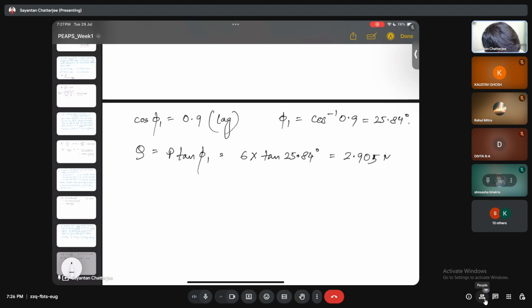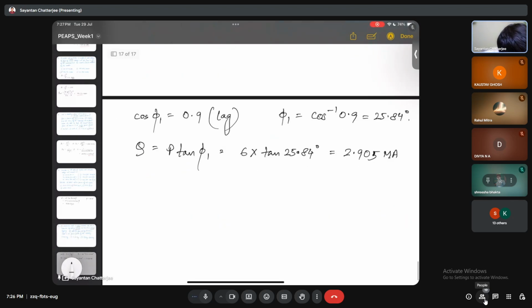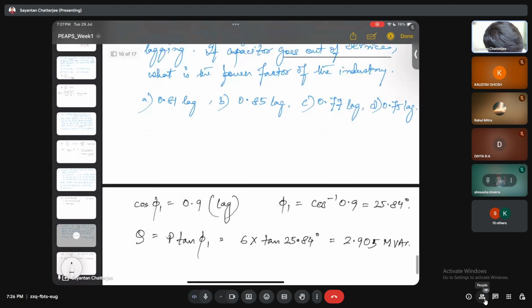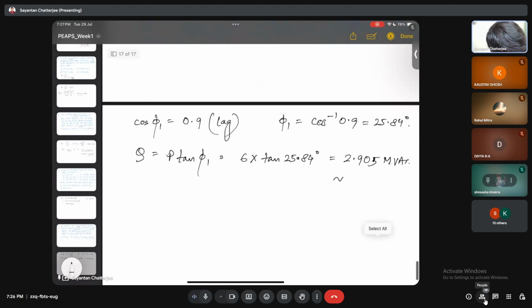So 2.9 MVAR, yes. 2.9 MVAR will be shifted. 2.91 MVAR is the shortfall if the capacitor goes out.